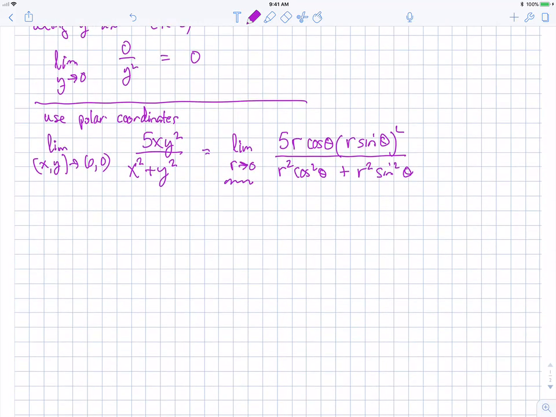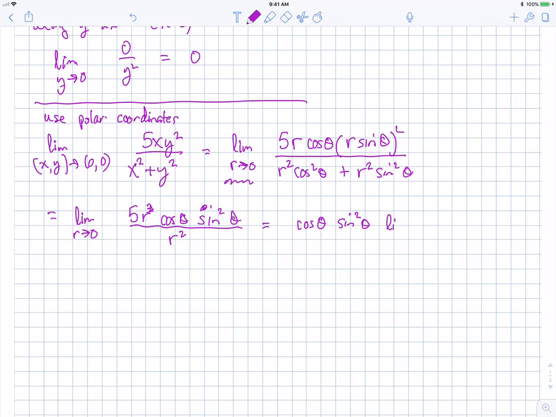So let's simplify this. I get 5r cubed cosine theta sine squared theta over simply r squared. Now notice, the value of the limit here has nothing to do with theta, so I'm going to factor that out. And even if it did, it doesn't matter because it's in the numerator. We're never going to divide by 0.